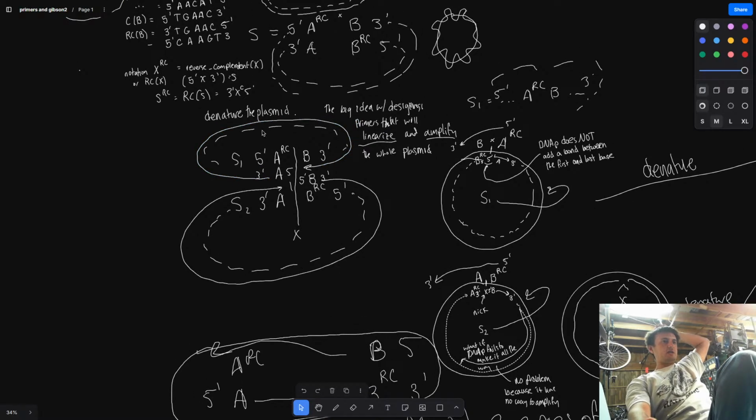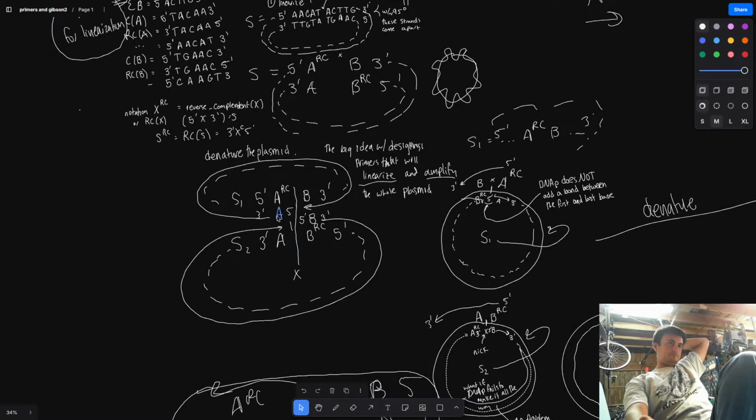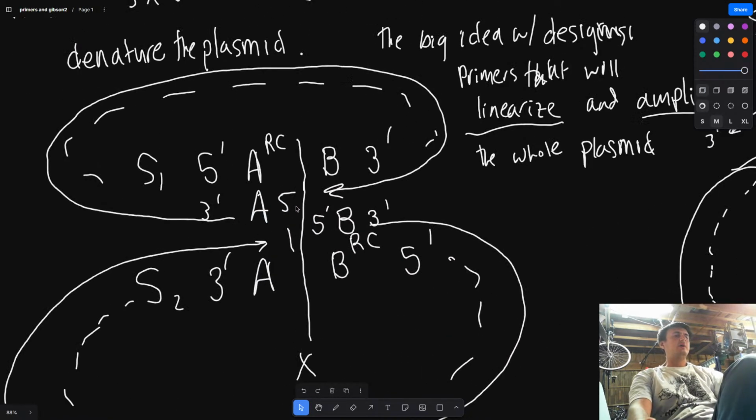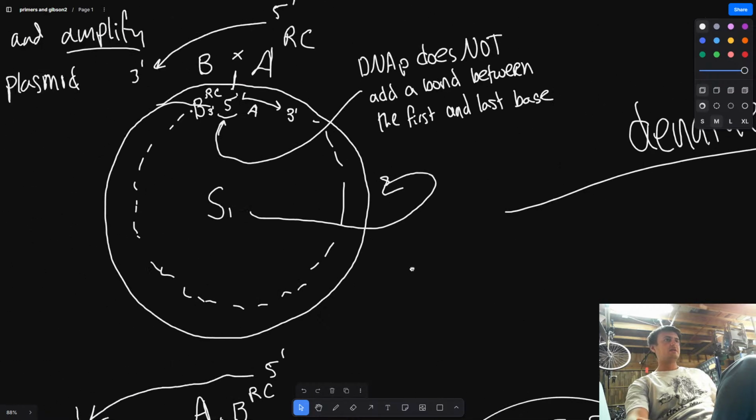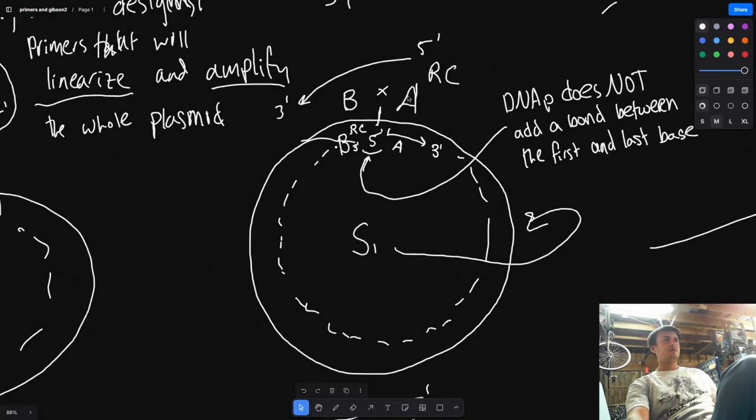So if we take a, I kind of drew this in a bad way. I'd rather draw it on the outside. I think it's better to draw it on the outside. But here I drew the primers on the inside. But I guess I prefer it this way.